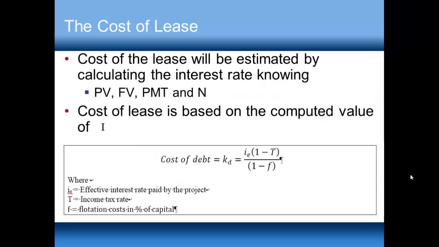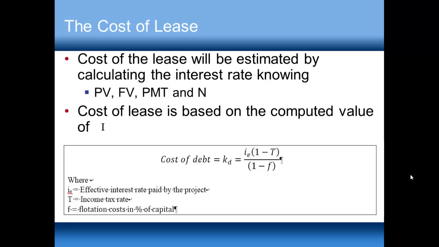Cost of capital on the lease. We're going to estimate the interest that we're paying on that lease by using PV, the future value, the payment, and N in order to isolate I, the interest rate that's being charged to your business by the renter. Again, the interest payment is not going to be visible because what you're paying to the renter is in the form of a total rent.